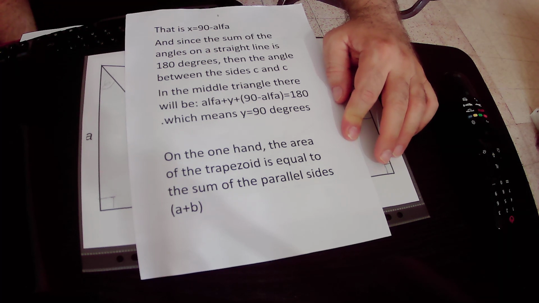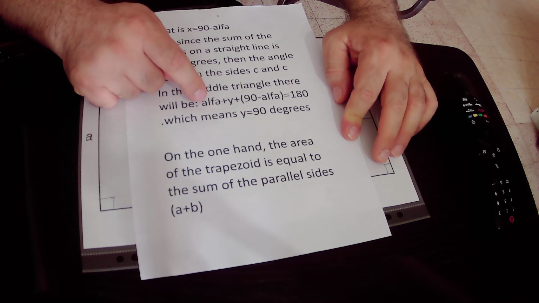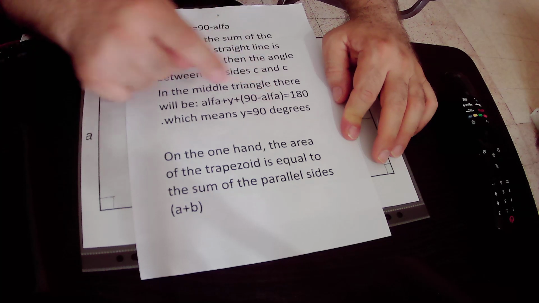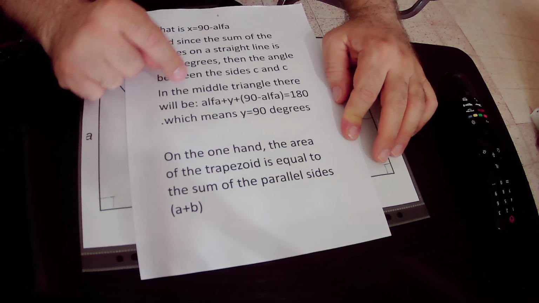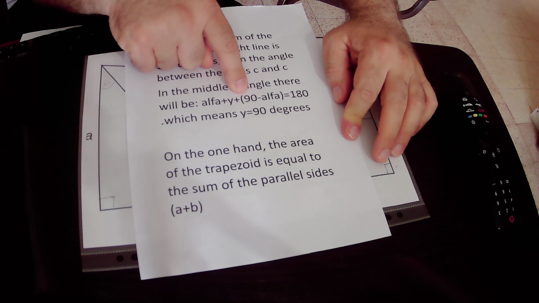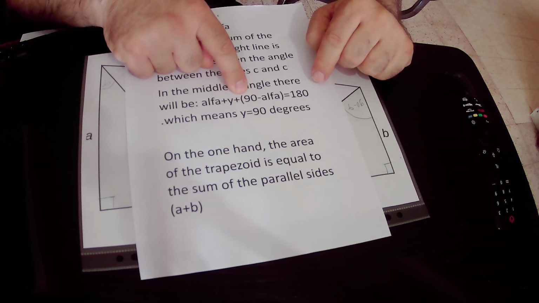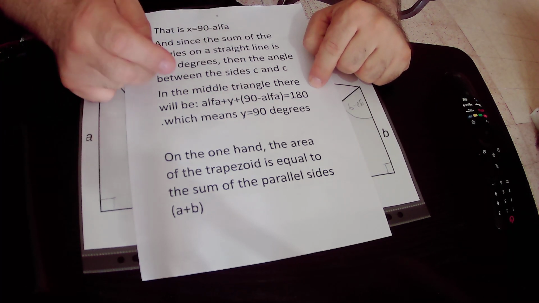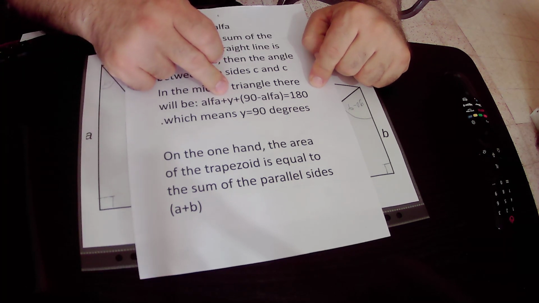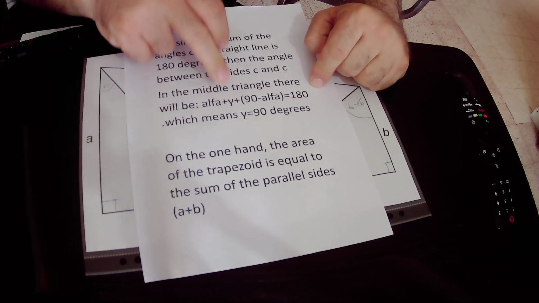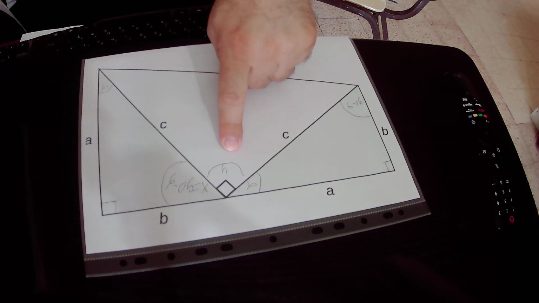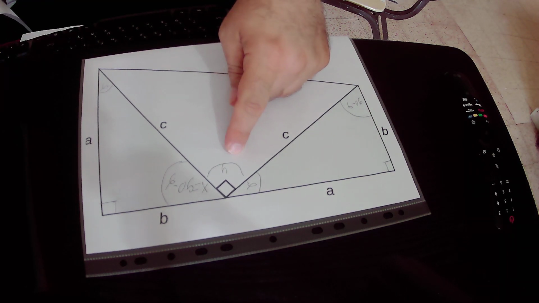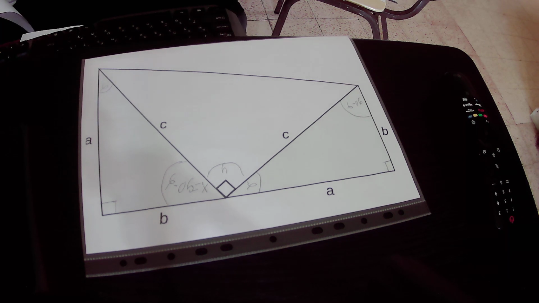And actually, alpha minus alpha is equal to 0. And then we will subtract 90 degrees from both sides of the equation, and then we will get that y is equal to 90 degrees. Okay, so here angle y is equal to 90 degrees.